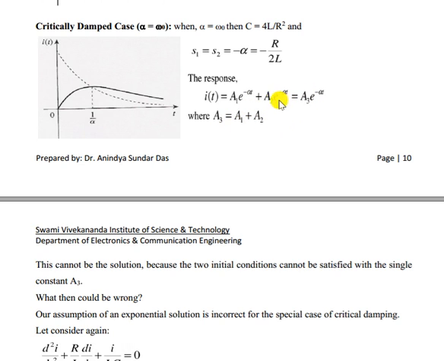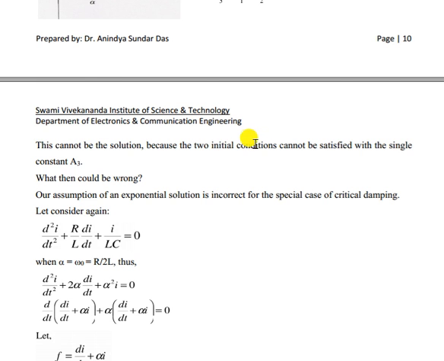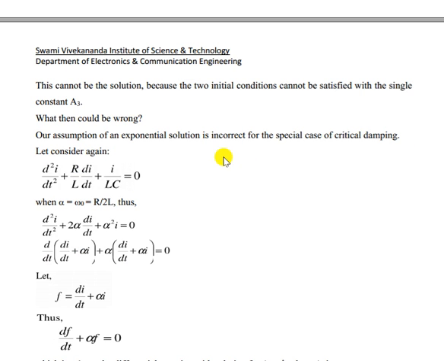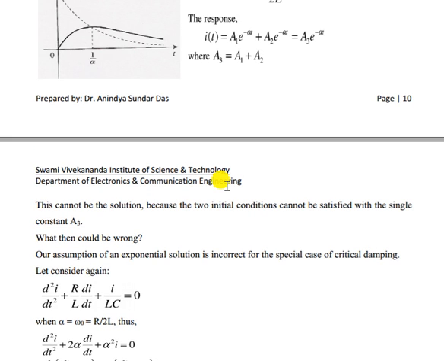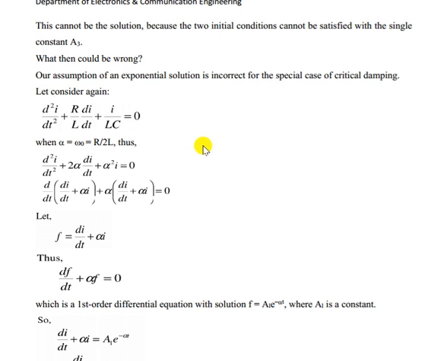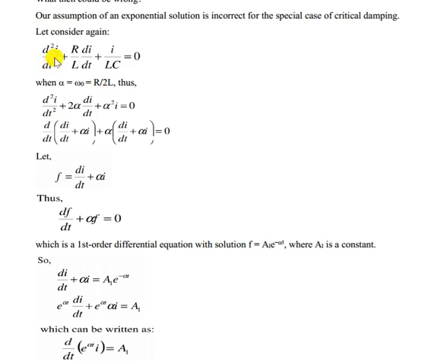You can take a common factor, but this cannot be the solution because the two initial conditions cannot be satisfied with the single constant a3. Then what do we have to do? Let us take the differential equation, d square i. This is the differential equation that we got.